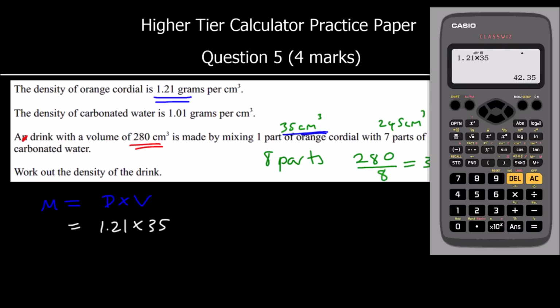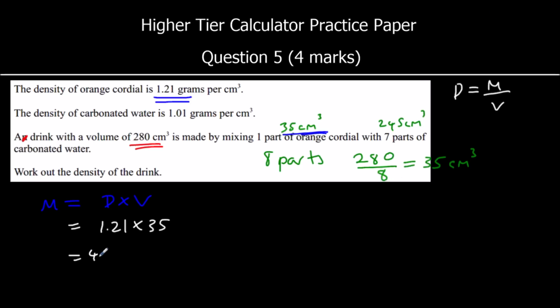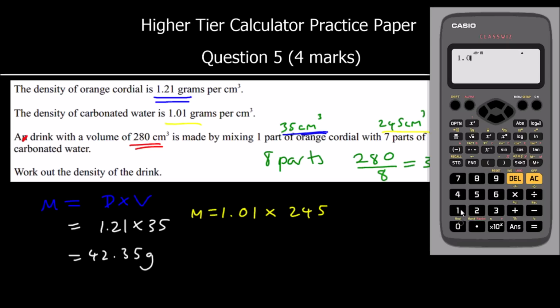And that's 42.35 grams. And for carbonated water, again, mass is density times volume. It's 1.01 times 245, which is 247.45.